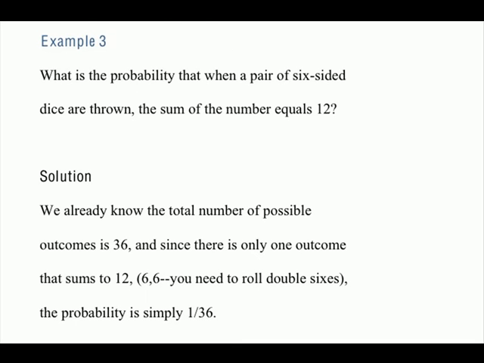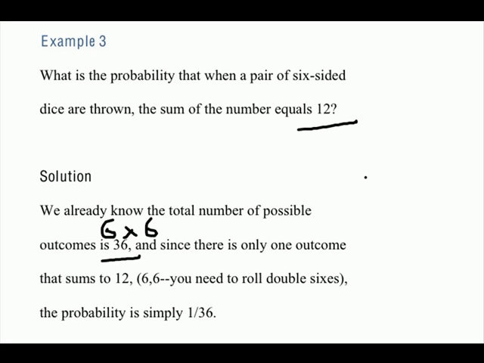Okay, just to reinforce what we did in the previous example, let us find the probability of getting a 12 when you roll the same two 6-sided dice. Now as we saw, the total number of outcomes remain as 36, which is 6 into 6.